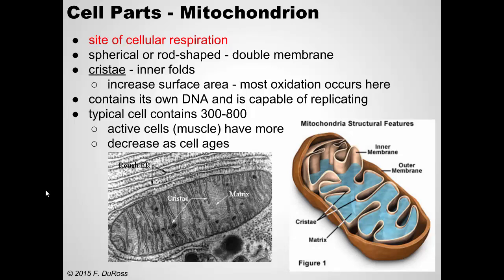Almost. ATP, adenosine triphosphate. That's what our cells use as energy. And so ATP is released by the mitochondria. They're usually shaped like a sphere or a rod.